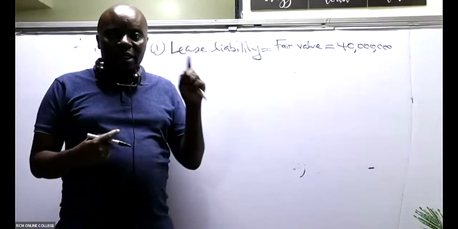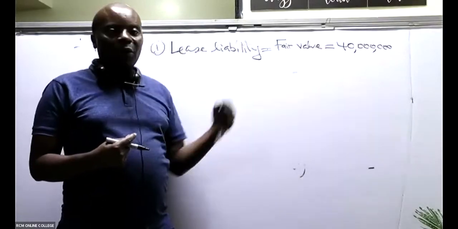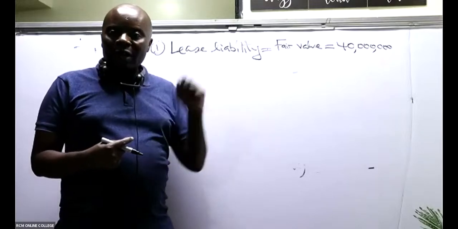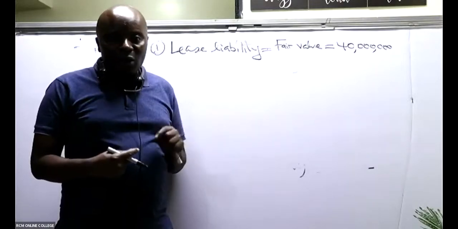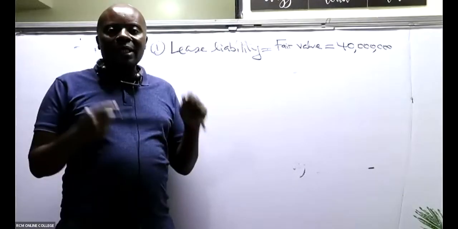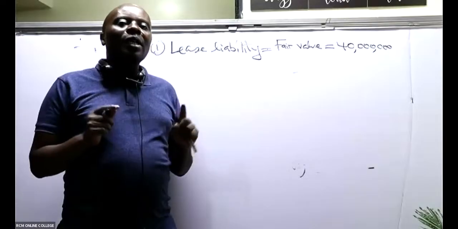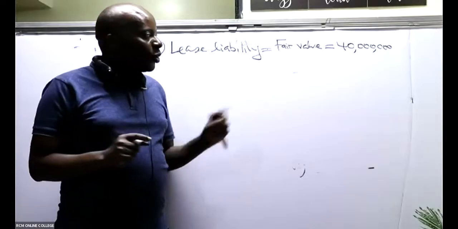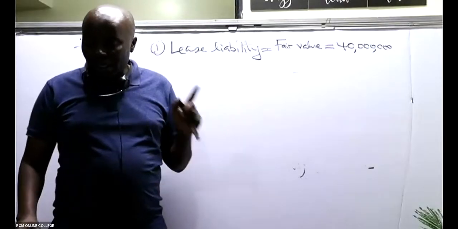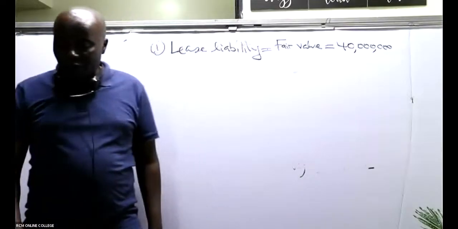So the total lease liability will be this 40 million. Because I've been given fair value, I don't need to discount at all, because lease liability, which is the present value of all the lease rentals, shall always be equal to the fair value of the asset.